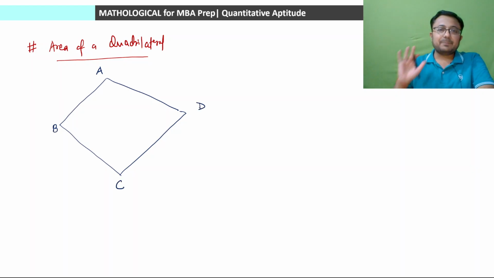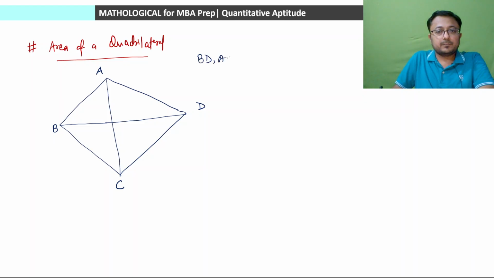None of the sides are parallel, none of the sides are equal. Okay. So if we are drawing one diagonal, diagonals in the quadrilateral are BD and AC. These are the diagonals. Okay.